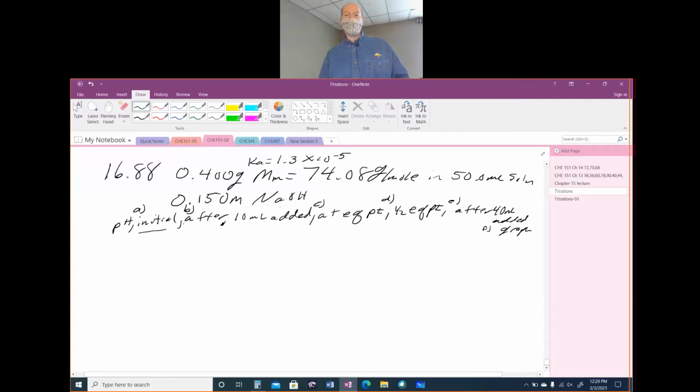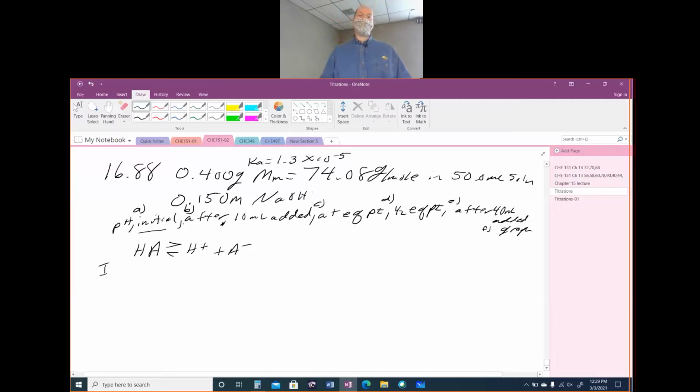So no NaOH added, so just in the Erlenmeyer flask. So in the Erlenmeyer flask, we simply have our propionic acid. All right, so I'm just going to say that's HA, generic weak acid, and that gives us H plus and A minus. So initial, we have to have this in concentration of moles per liter.